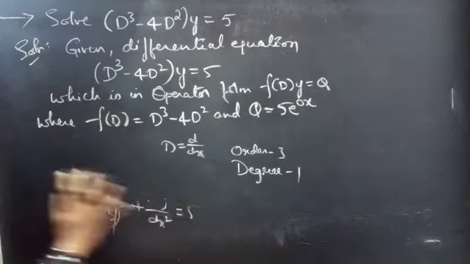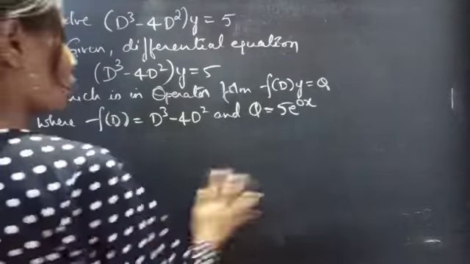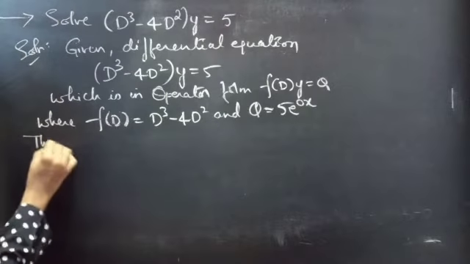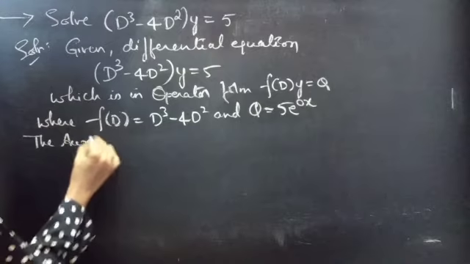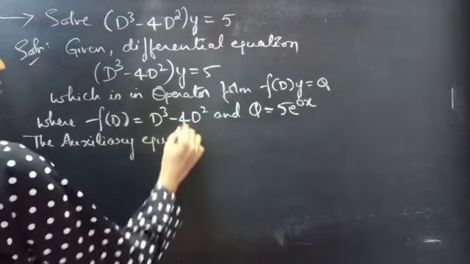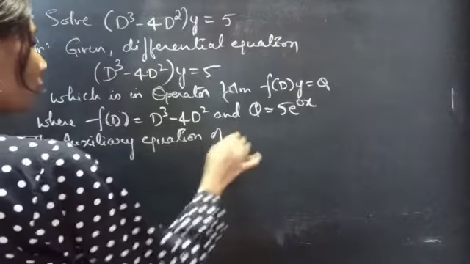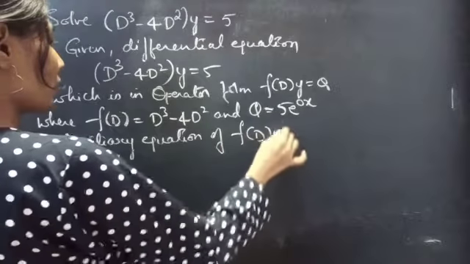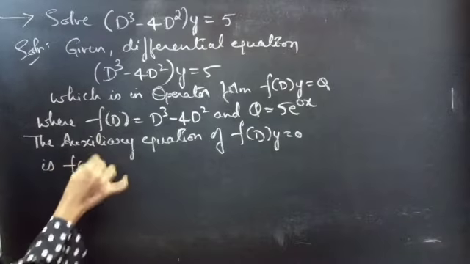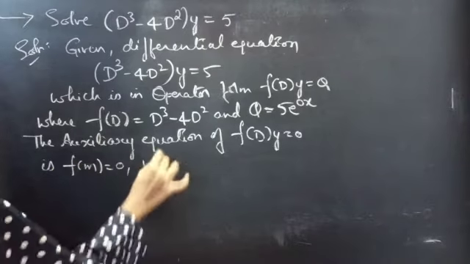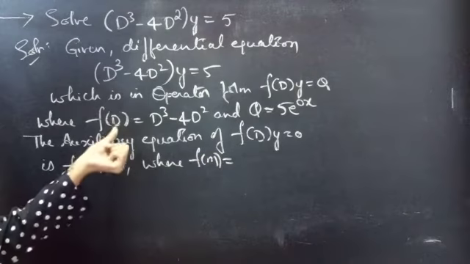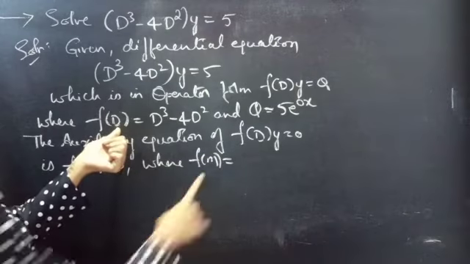Now coming to the problem, let's find the complementary function using the auxiliary equation. The auxiliary equation of F(D) y equals 0 is F(m) equals 0, where you get F(m) by replacing the differential operator D by m.